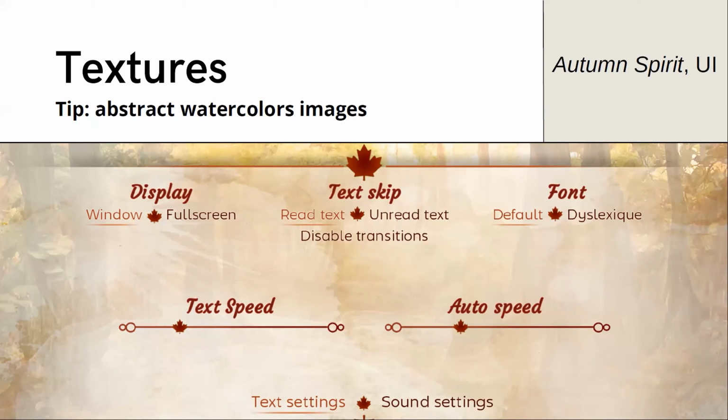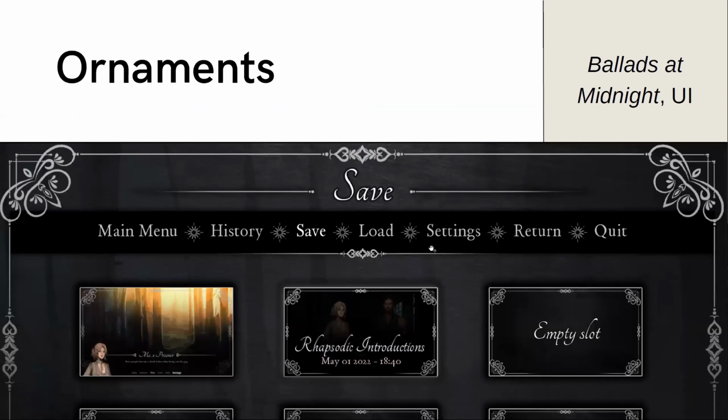Even if a lot of people won't even notice there is a texture, this beige watercolor image in the background, it's here and it adds life and it makes things a bit more, I don't know, a bit more lively actually. So if you have a lot of simple backgrounds, if you don't want to use patterns, use textures to make it less plain.